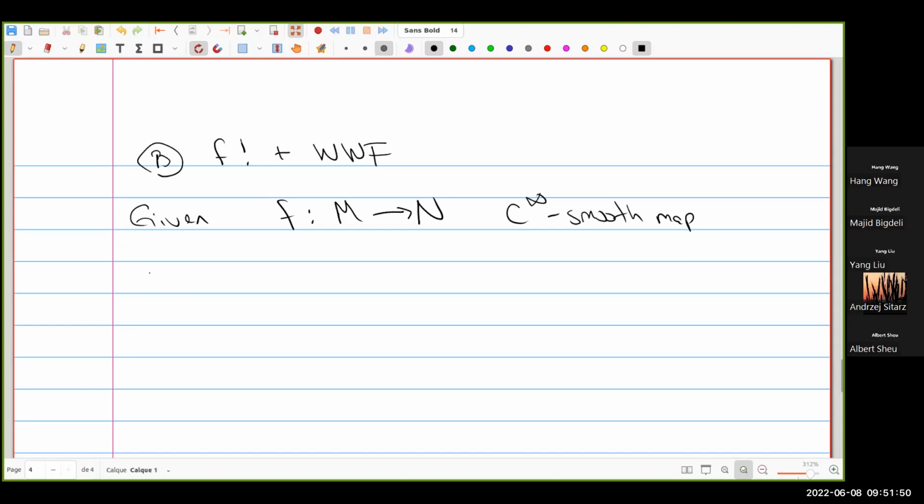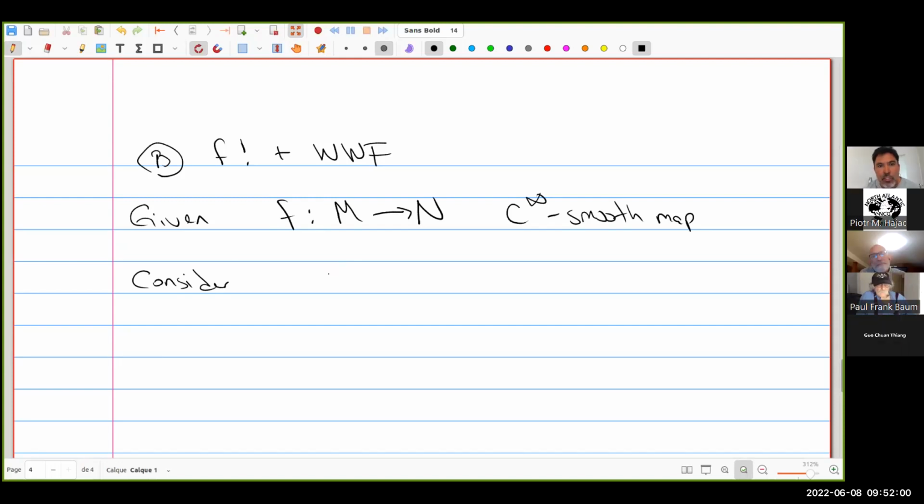So given this, consider the following diagram. In fact, I want to associate the f Schrick map. I tell you how to define it as a particular case of what I said before, an immersion of groupoids. And this is again, from my point of view, where it's essential to pass to non-commutative geometry, even in this case, because the function f is not necessarily an immersion or a submersion.